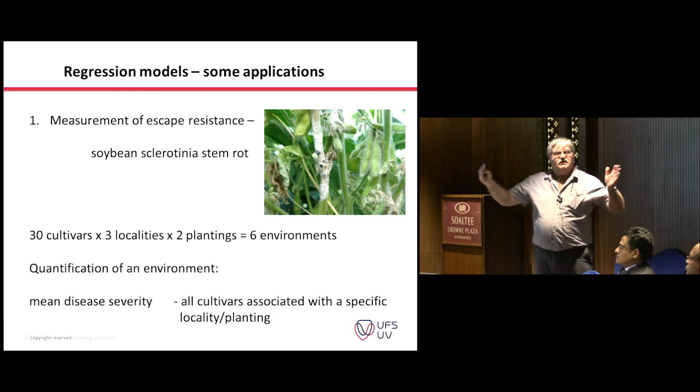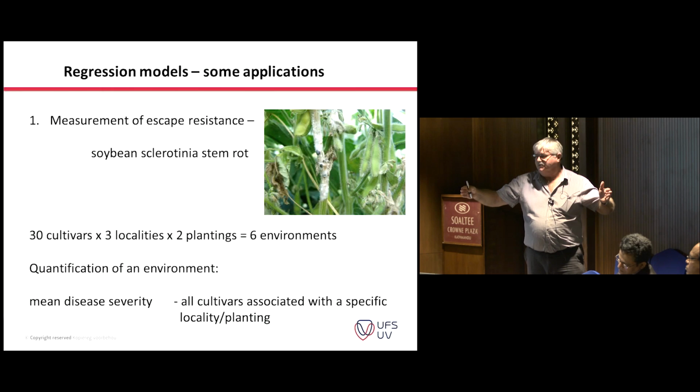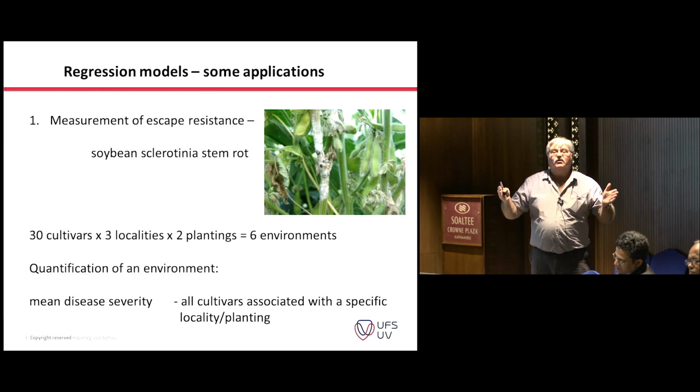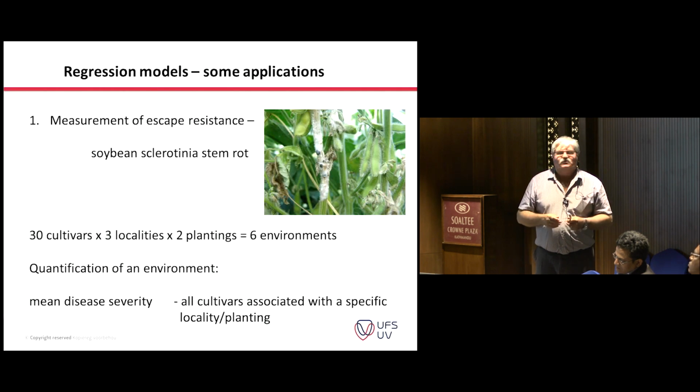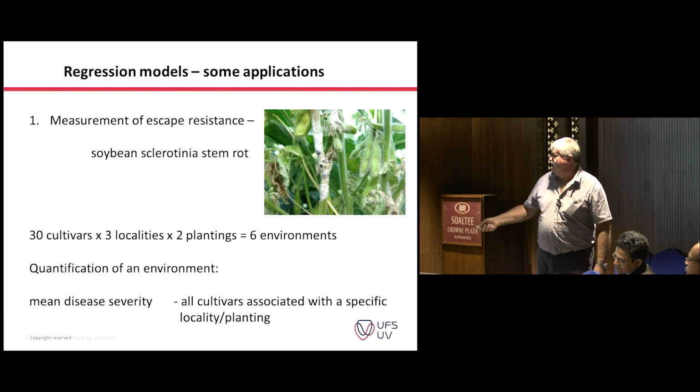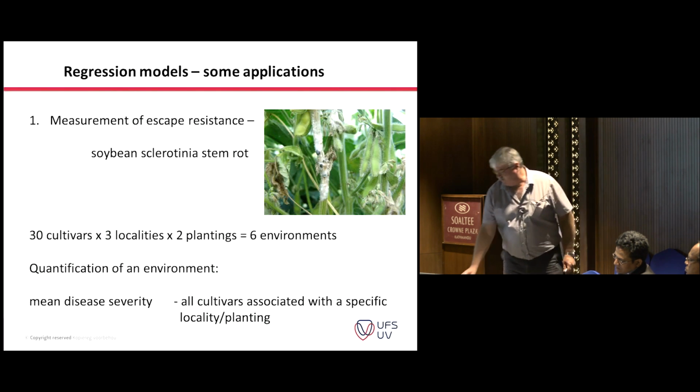Seeing that it's the same genotypes in each trial, I take the mean of the trial at a specific locality, and I use that as an indication of what I call disease potential. So for all cultivars associated with a locality and planting, I take the mean, and it gives me a quantification.